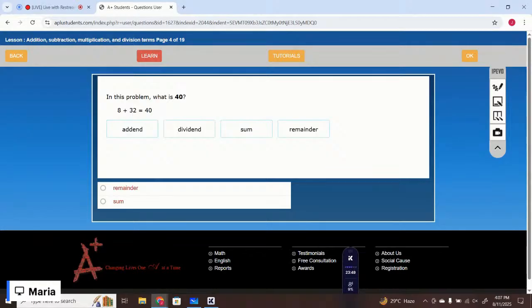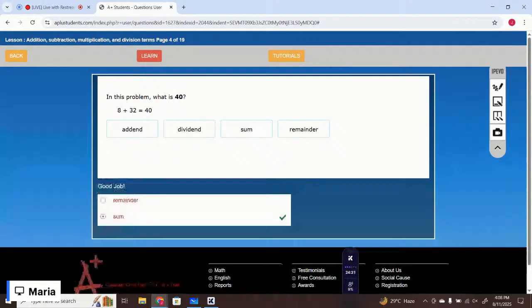In this problem, what is 40? 40 is the sum of 32 and 8. Forty is the sum. Option number 2 is the correct option.